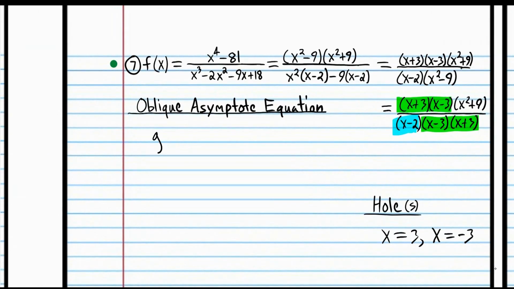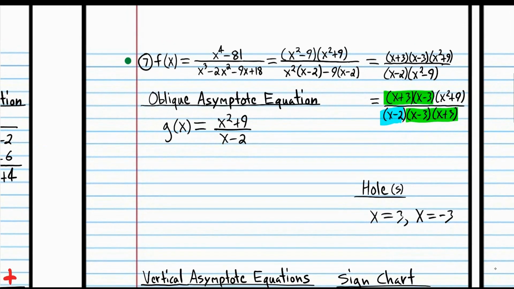And we can write a simplified form of the function, which I'll call g of x. The reason I call it g of x instead of f of x is because it's not the same. The holes don't exist with this function, so it's not technically the same function. But we're going to use that function to do a lot of analysis.